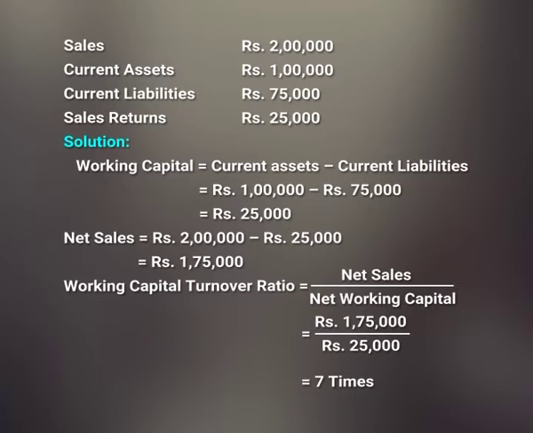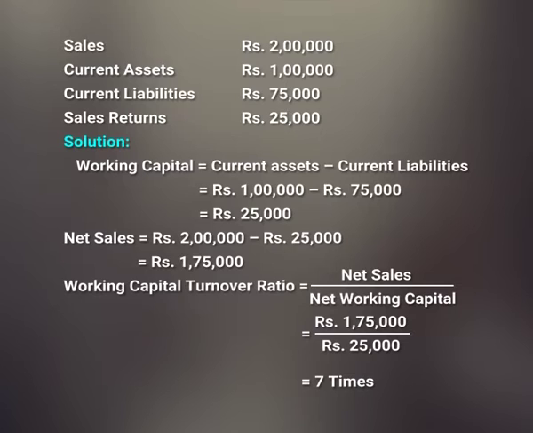Now, we will see one question on this. Calculate the working capital turnover ratio from the following. Sales given to us is rupees 2 lakhs, current assets rupees 1 lakh, current liabilities rupees 75,000, sales returns given to us is rupees 25,000. Now, we will see the solution to this question. Working capital is equal to current assets minus current liabilities, which is equal to rupees 1 lakh minus rupees 75,000, which is equal to rupees 25,000.